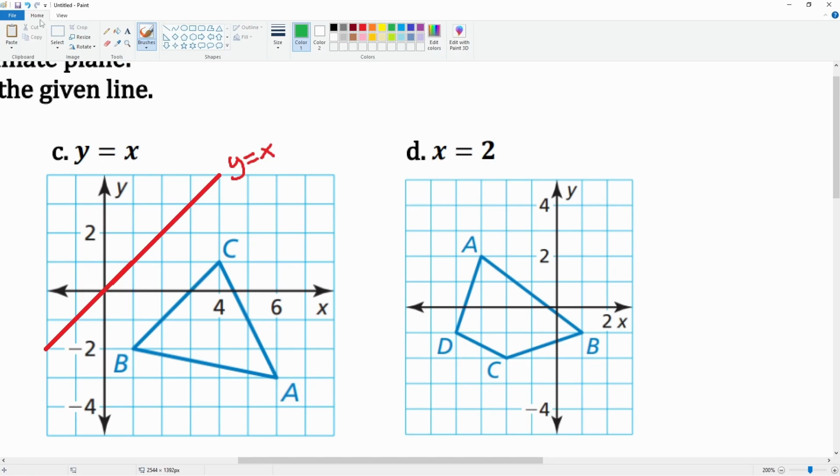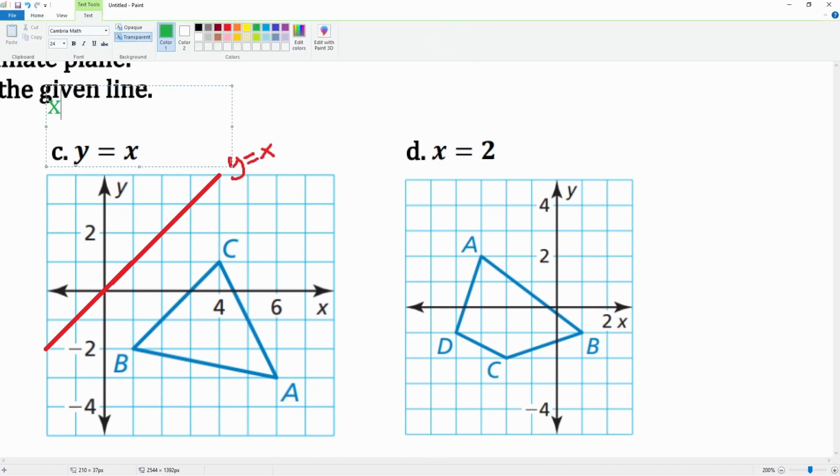So it's really hard to see diagonally, right? It's really hard for you to count like this. Do you see that? You would have to do that, then this, right? So it's actually better to remember the rule. What is the rule for this? All this really means is that the x and y value switches.